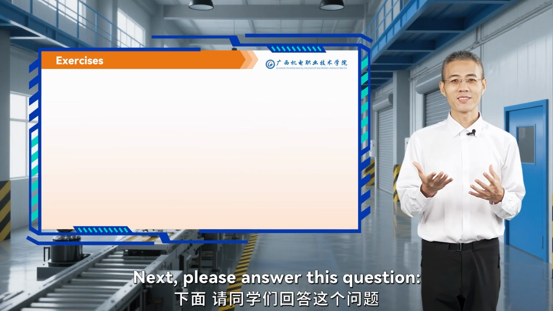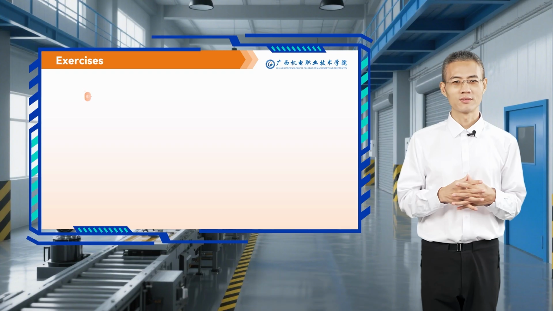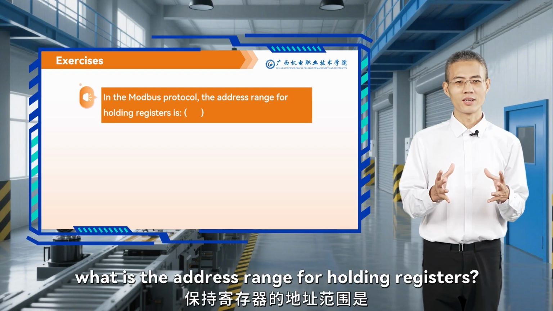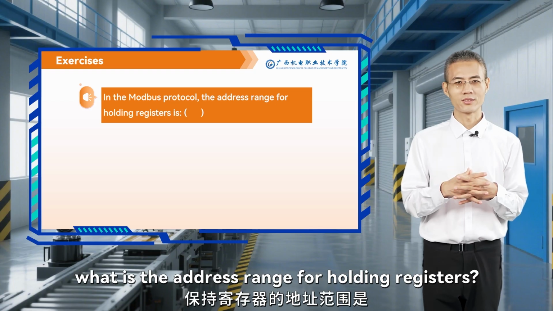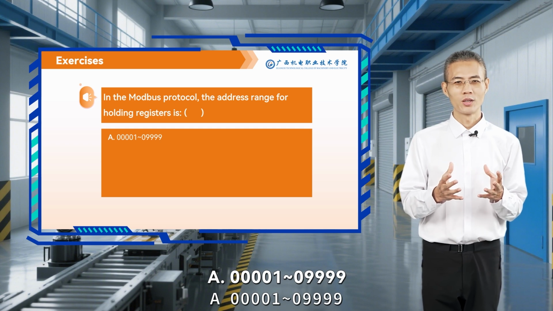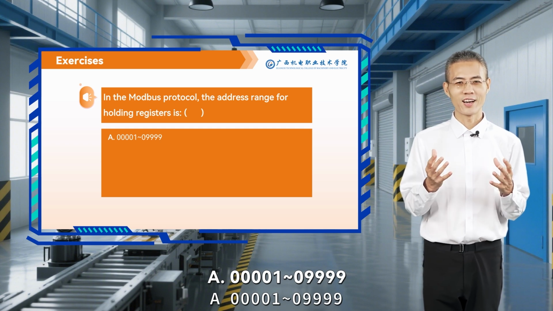Next, please answer this question. In the Modbus protocol, what is the address range for holding registers? A. 00001 to 09999.